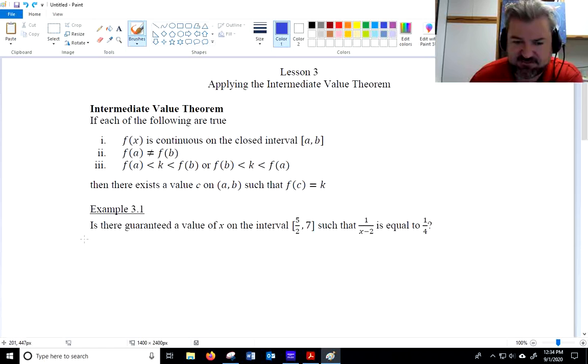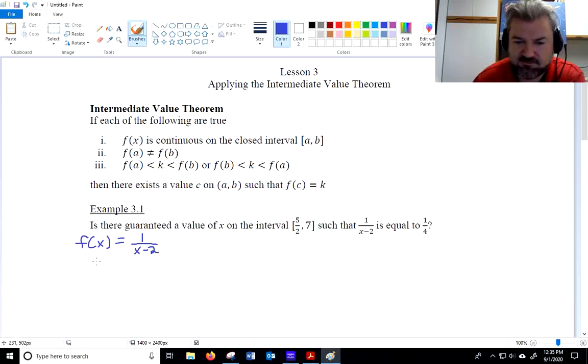Well, my f of x, in this case, is 1 over x minus 2. Now, this gives me a little bit of a pause because I know that 1 over x minus 2 has a discontinuity at x equals 2 because it would be a divide by 0. However, 2 is not on this interval because 5 over 2 is 2.5.